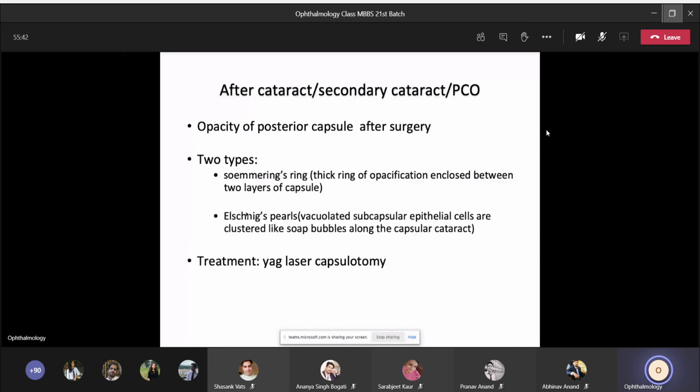Capsulotomy means making an opening in the capsule. How do we make this opening? We don't have to take the patient to the surgery table. We can use a laser, the Nd:YAG laser, to do the posterior YAG laser capsulotomy.